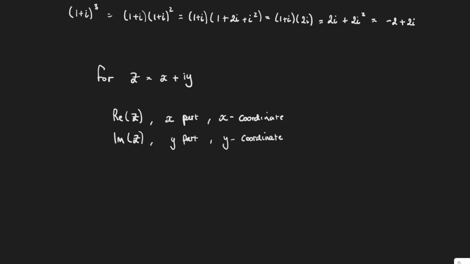Now, next we're going to look at the modulus. You may have seen this in vectors before, but the modulus of the complex number is literally just using Pythagoras' theorem. We're going to denote the modulus by r, and it's simply the x value squared plus the y value squared, and then square root the sum of those two.